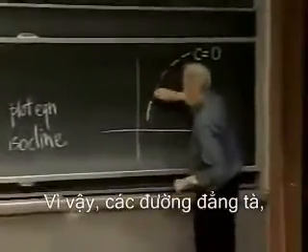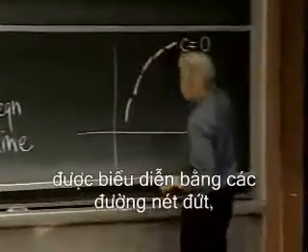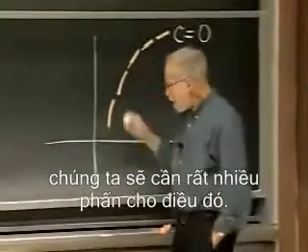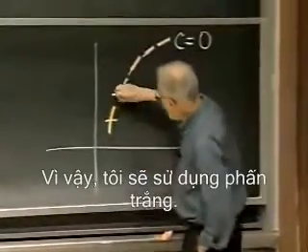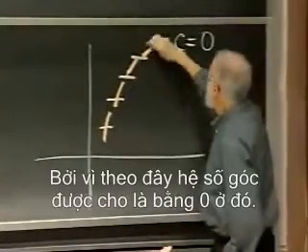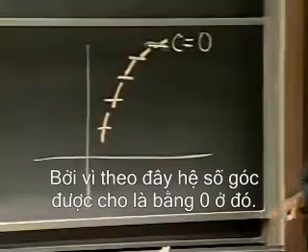The isocline is represented by a dashed line, and now you'll put in the line elements. We'll need lots of chalk for that, so I'll use white chalk. Why horizontal? Well, because according to this, the slope is supposed to be 0 there.